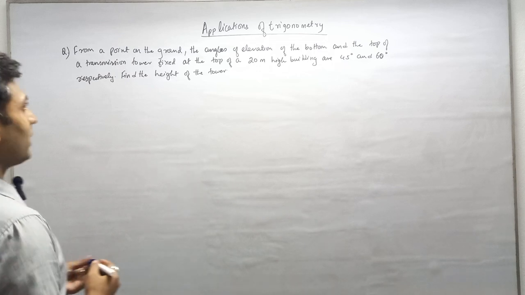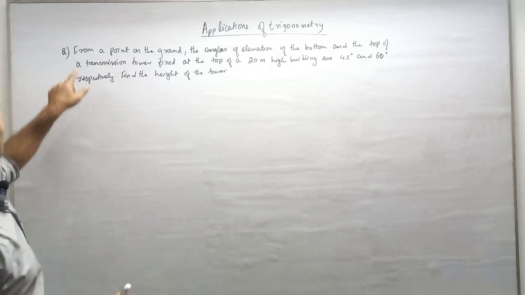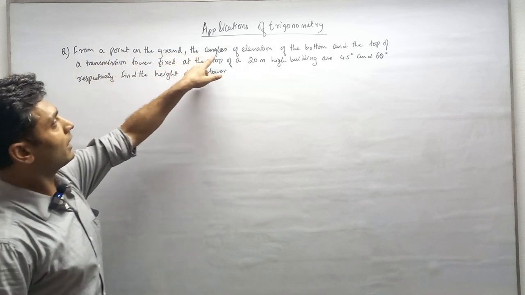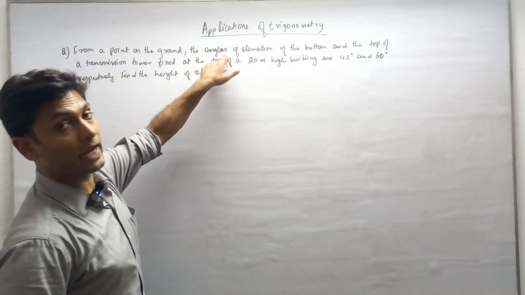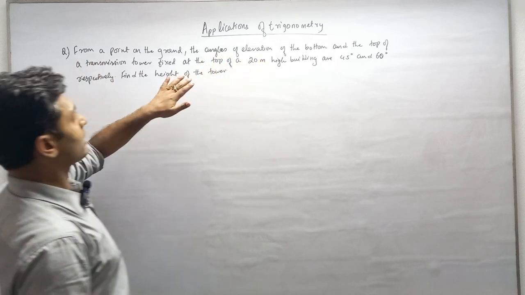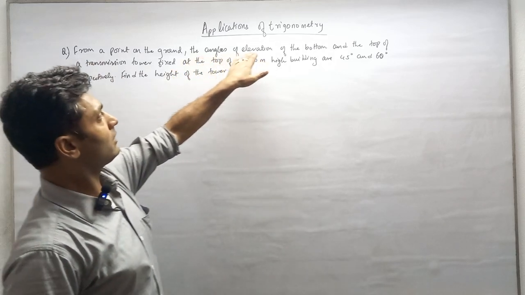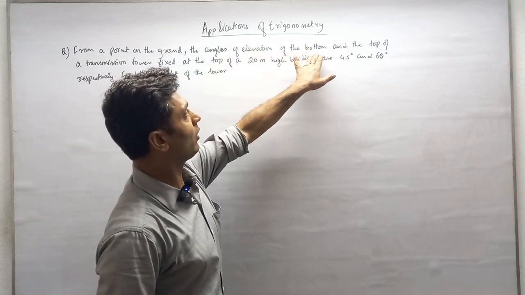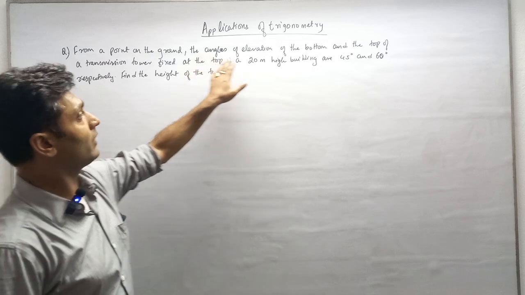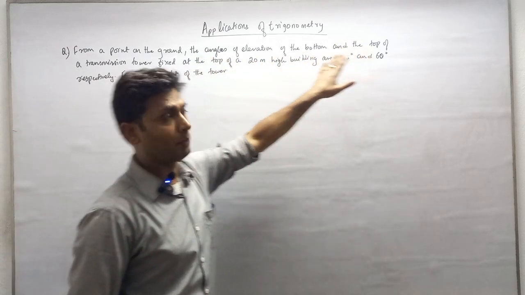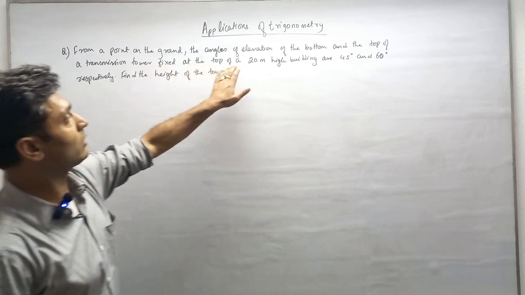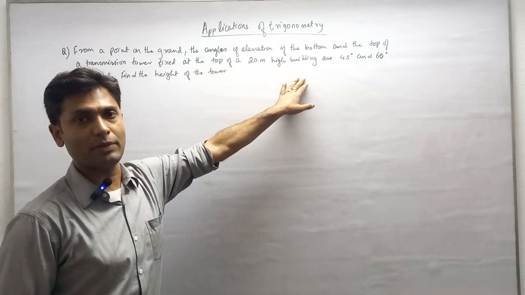Okay, so we have taken another question. From a point on the ground, the angles of elevation of the bottom and the top of a transmission tower fixed at the top of a 20-meter high building.